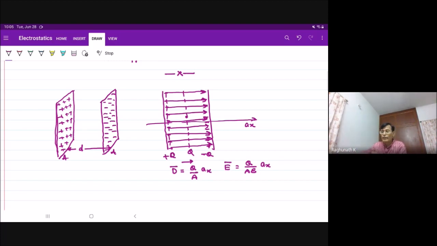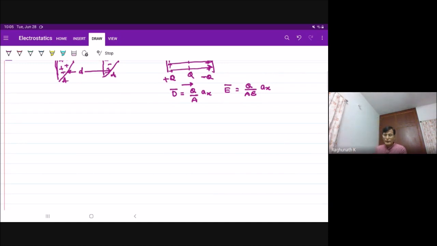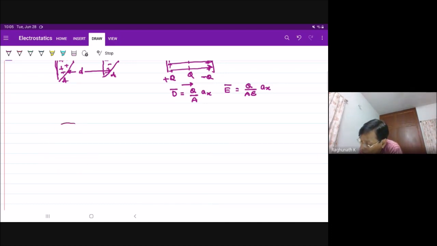Next. Listen carefully. Wonderful application of it. Suppose I have a spherical metallic sphere of radius a, charged with Q coulombs of charge.